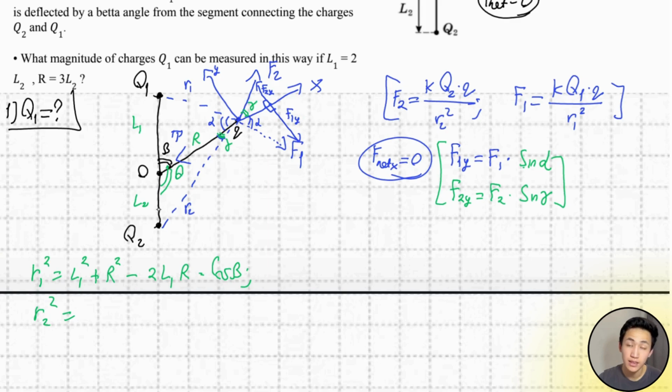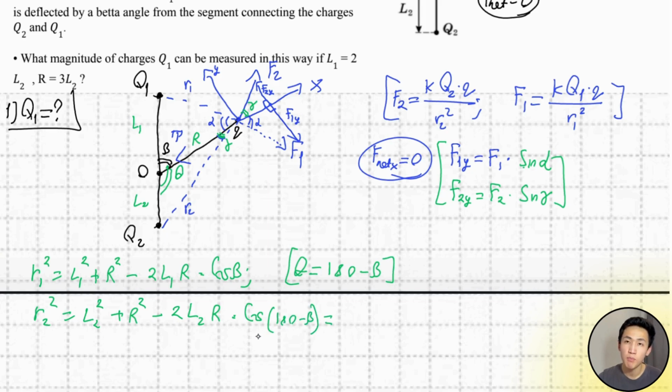For the R2 distance, the angle is theta, which means 180 minus beta. So it would be L2 squared plus R squared minus 2 L2 R multiplied by cosine of 180 minus beta.